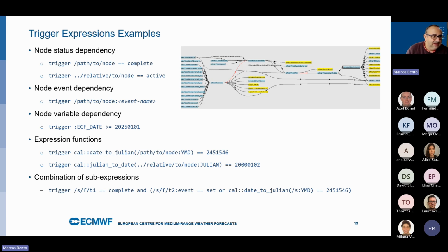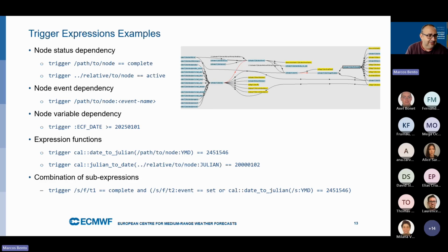For example, you can depend on node status, basically on a path to a node to be complete. This node could be either a task or a family. The paths could be relative. You can depend on node events, so you put a path and then the name of the event. If goal A, B, or C has been achieved.